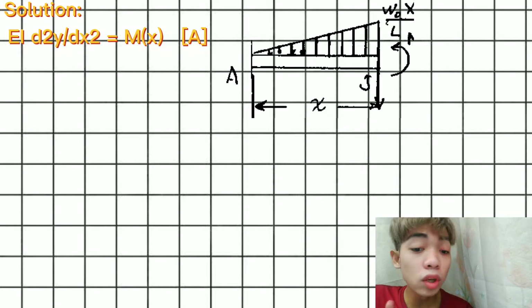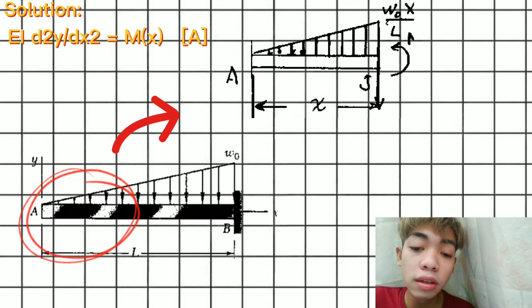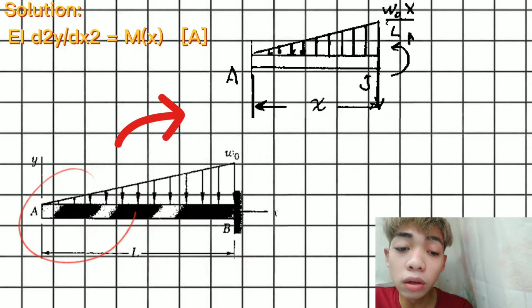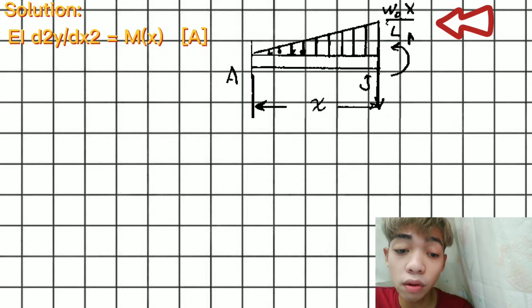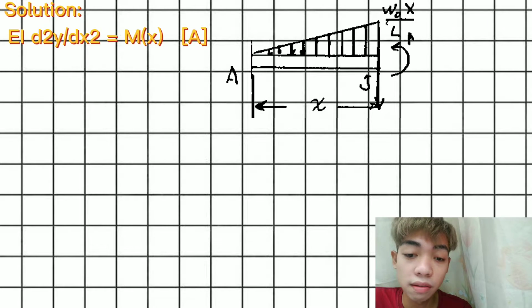You can use either part to find the moment equation. Here, I'm going to take this first part and draw the section over here. The load is W0 x over L because it is at a distance of x.